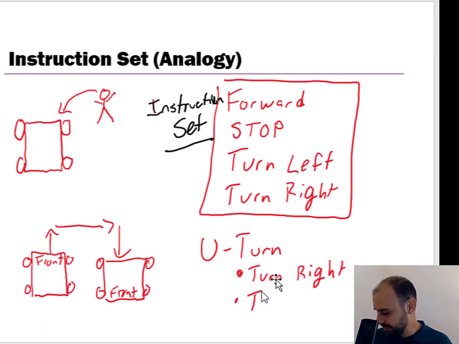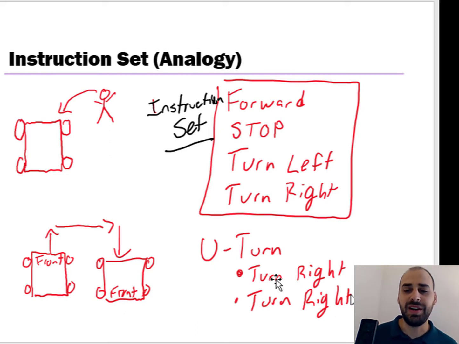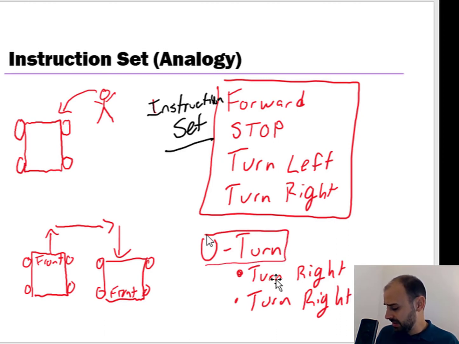Maybe it's just two turn right commands, or you could put a forward or a stop in there as well, but maybe you just have it turn right twice, and that's facing the other direction. So you U-turn, or a turnaround. And the key thing to note is we don't need to really build anything new. We don't need to edit the instruction set at all.